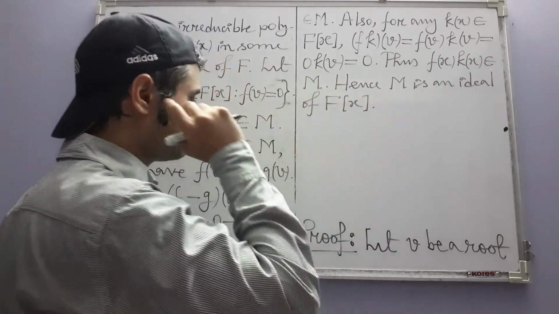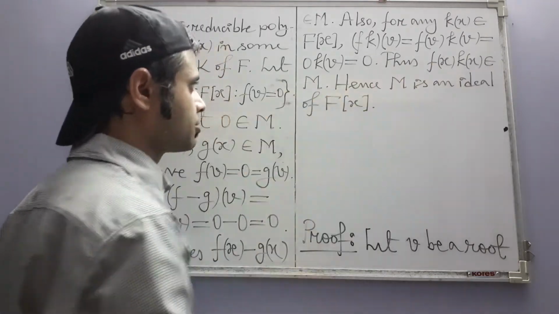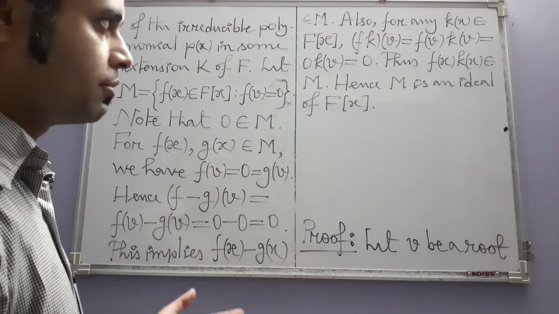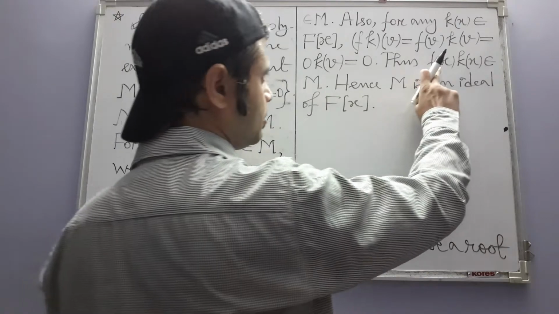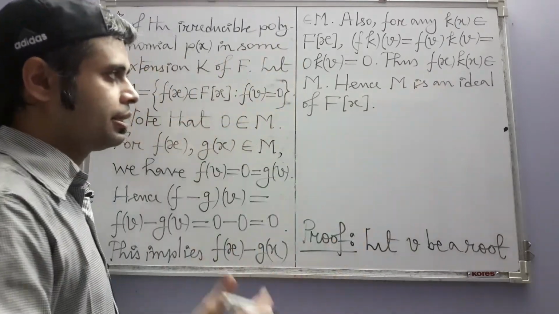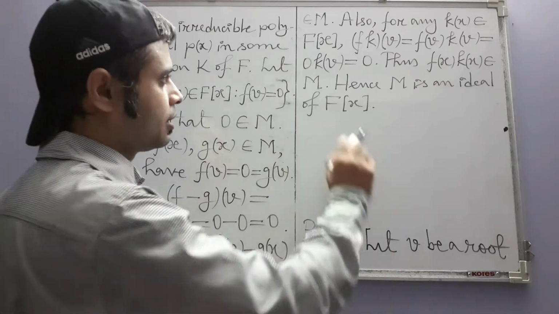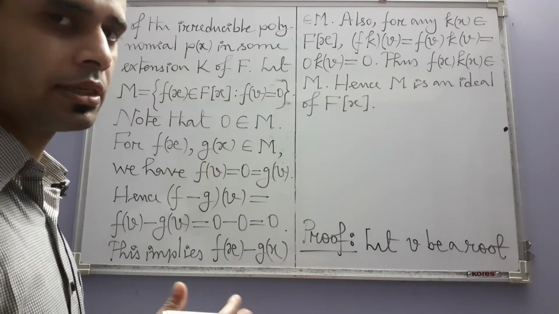Note one thing, that we are simply saying that f(x)k(x) belongs to M. That by itself is not enough to conclude that M is an ideal. It just tells you that M is a one-sided ideal, but the fact that our ring itself is a commutative ring makes it enough.